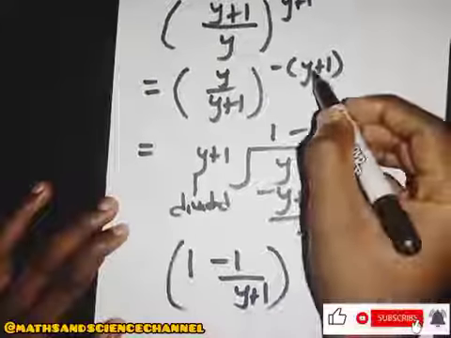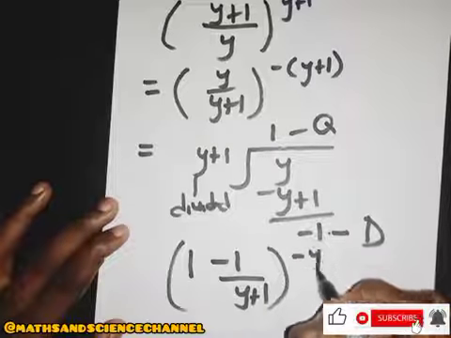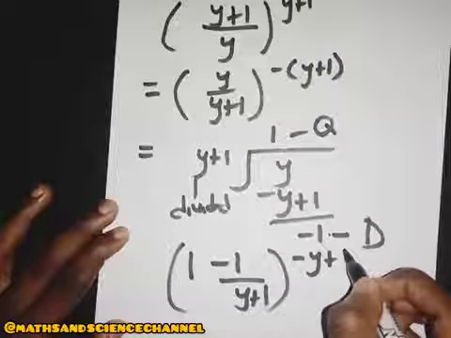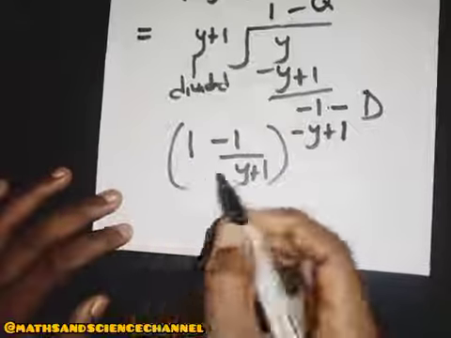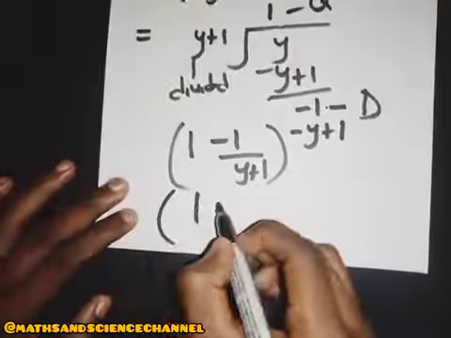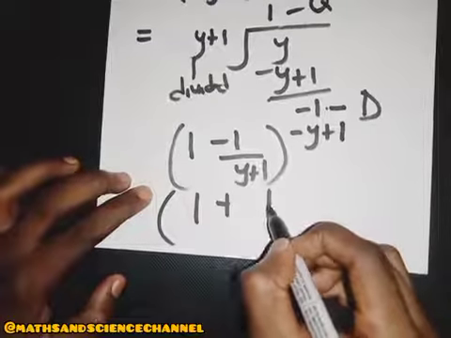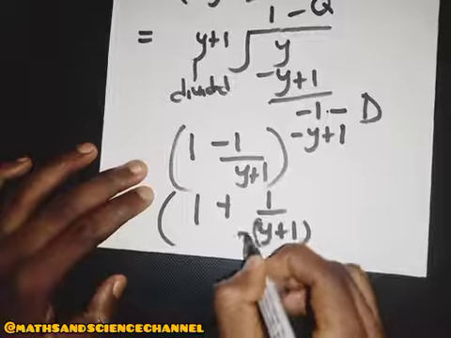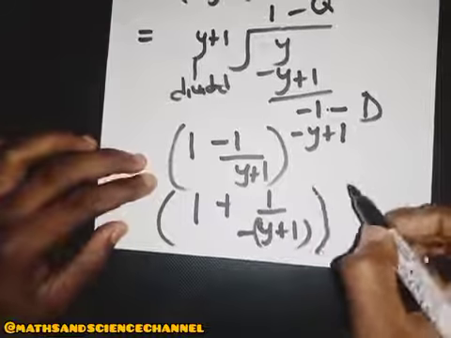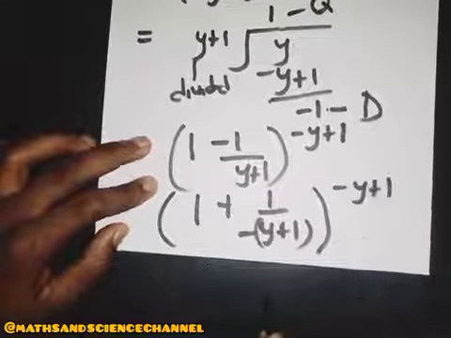And remember, it is still to the power negative y plus 1. So let's write it in an appropriate way. We have 1 plus, with the negative, 1 over y plus 1, then to the power negative y plus 1.